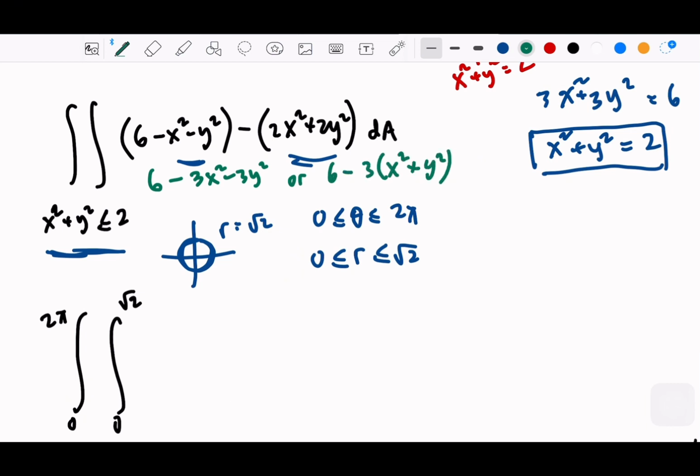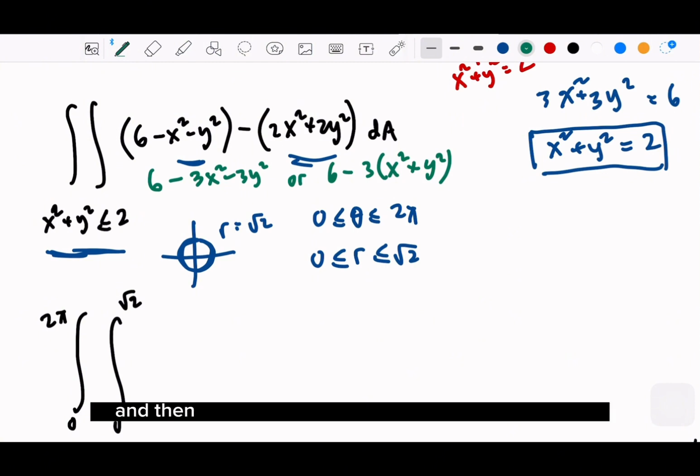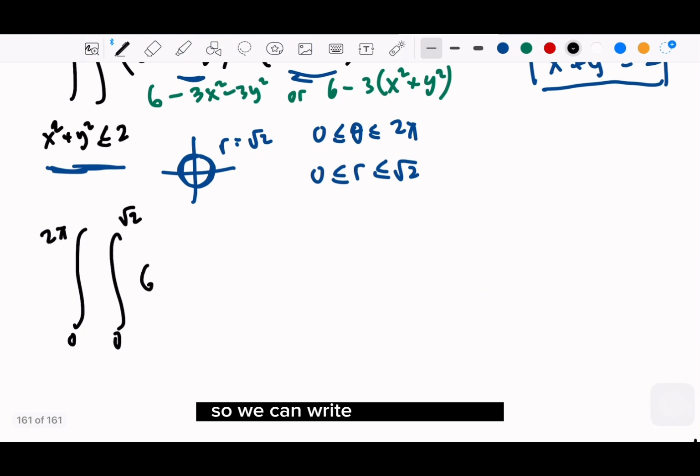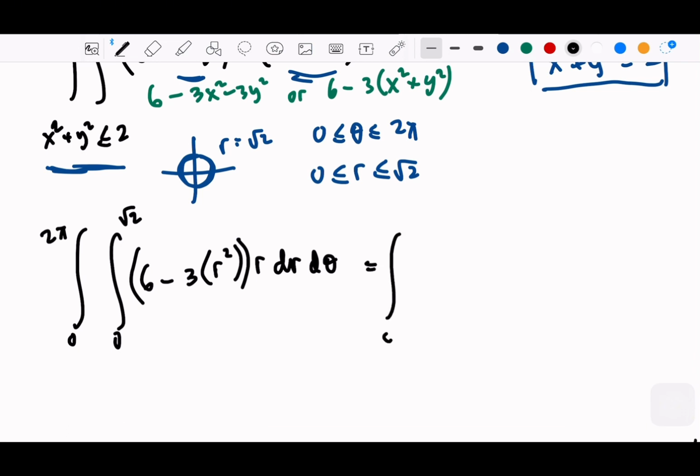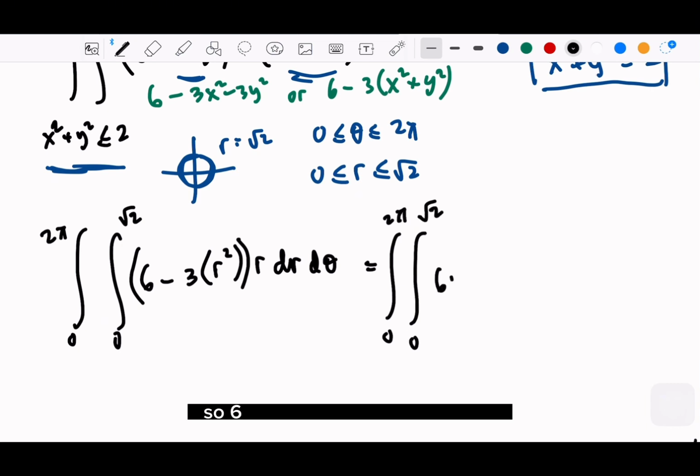And this x squared plus y squared is r squared, so we can write 6 minus 3r squared, and then r dr d theta. Don't forget that there is a bracket there. We need to multiply r with both numbers. So 6r minus 3r cubed dr d theta.